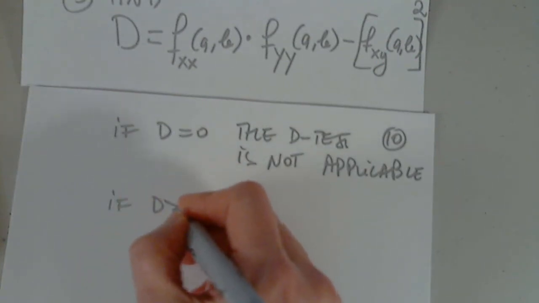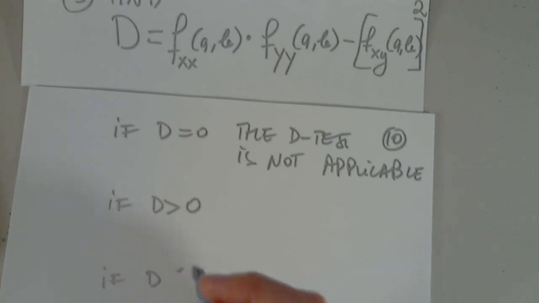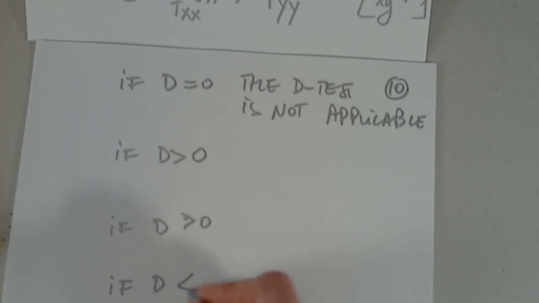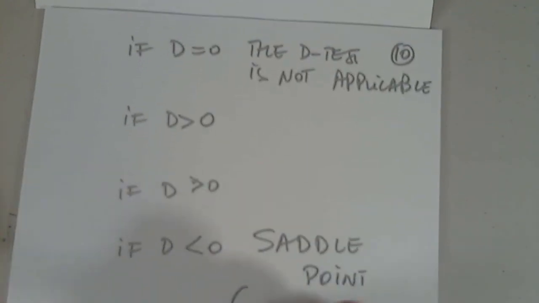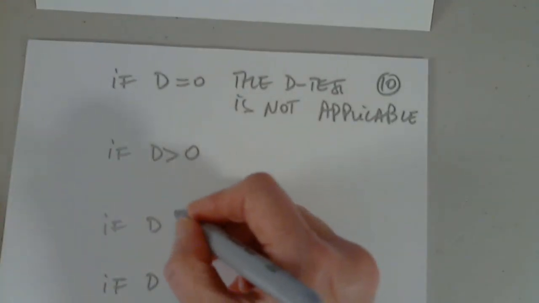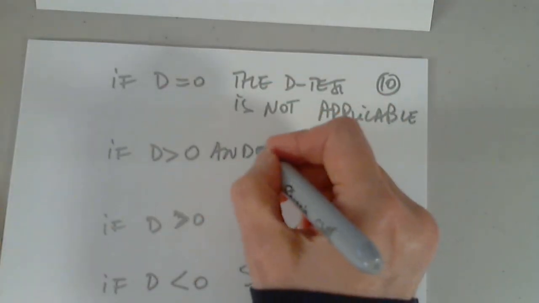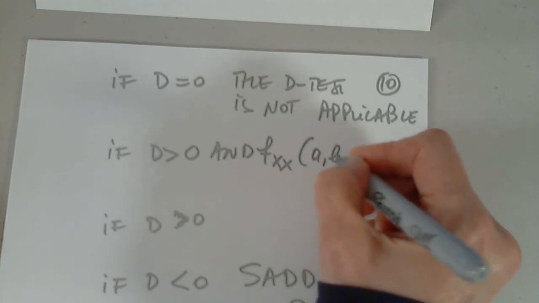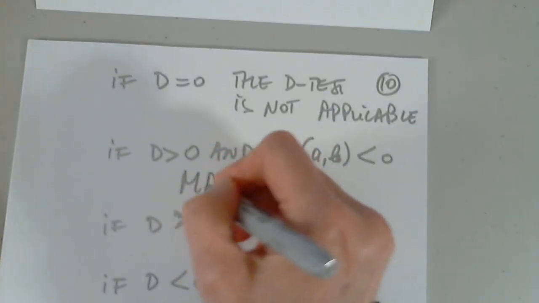If D is a positive number, that's one possibility. And if D is negative, that's another option. So if D is negative, this is a saddle point. In other words, no max-min. But there are 2 options for D being positive. If fxx evaluated at a, b is less than 0, the function has a max.